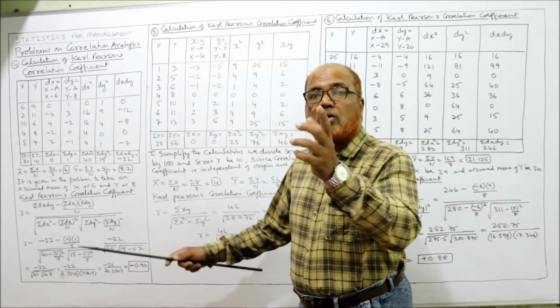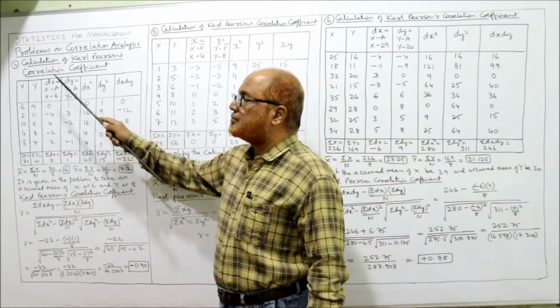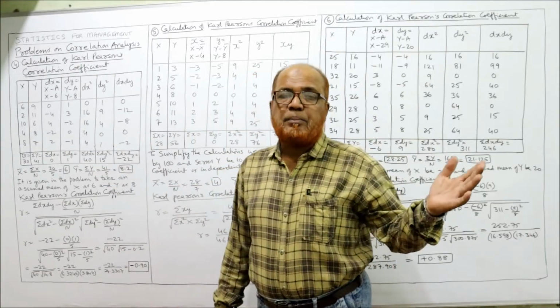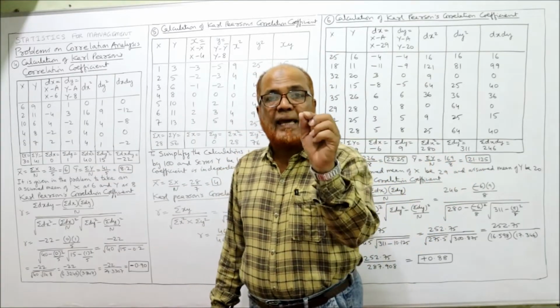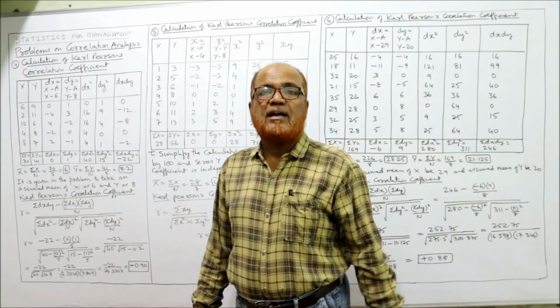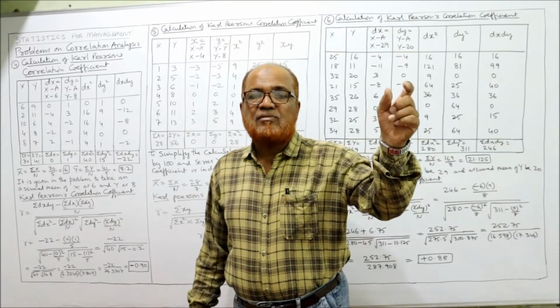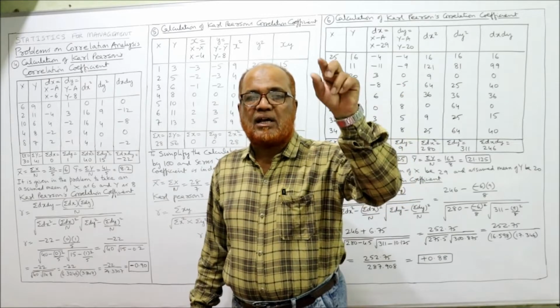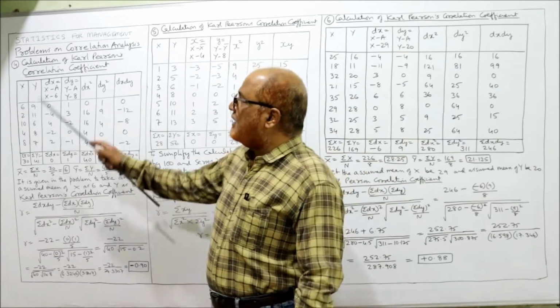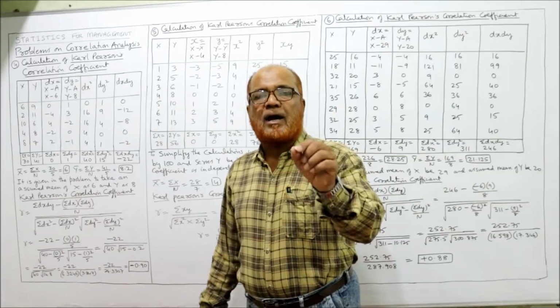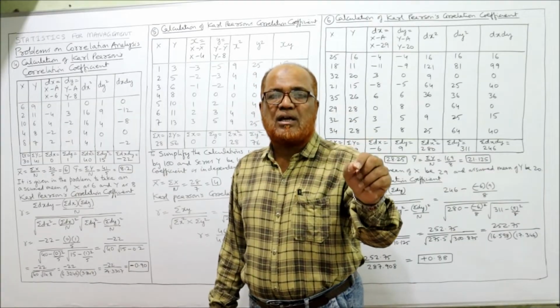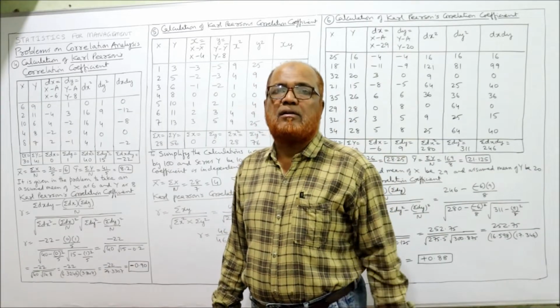Now the columns required are dx. Remember, in the previous 3 problems we took only x. But here we are taking dx to differentiate: x is applied when deviations are taken from the actual mean, and dx is applied when deviations are taken from the assumed mean.